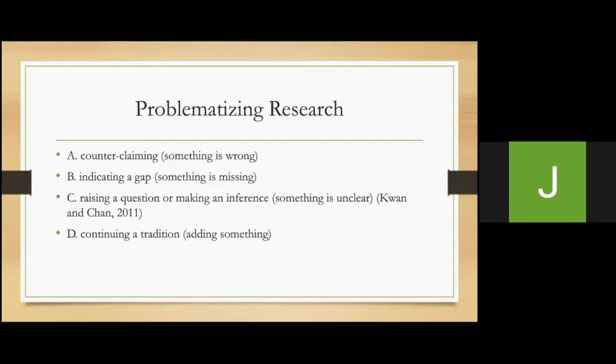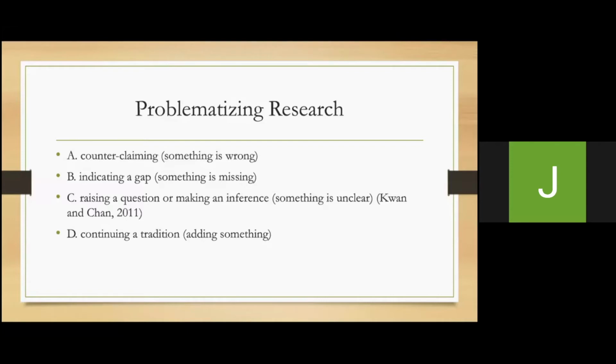Maybe a lot of research has focused on Kazakhstan rather than Kyrgyzstan. So you're saying there is a gap in knowledge about Kyrgyzstan or another Central Asian country. Or maybe you say that something is unclear in the research and your job is to clarify what the meaning is. Or you simply raise a question about what previous research has said.